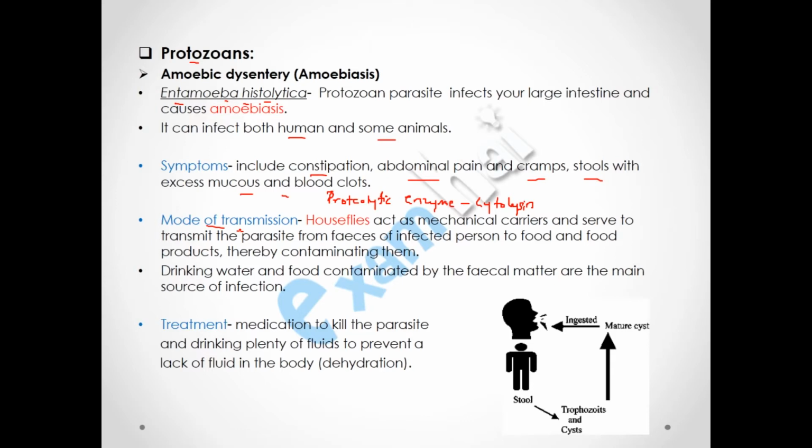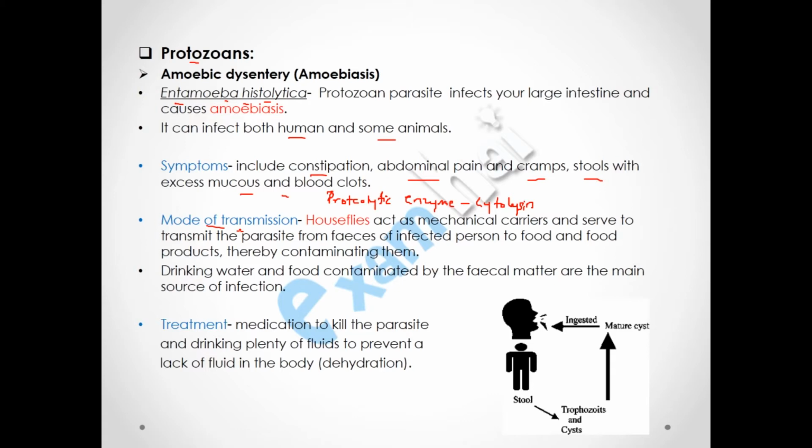Due to feces, these protozoans get mixed in soil and remain there, and from soil they transfer to food or water and reach a healthy person. So drinking water and food contaminated with fecal matter is the main source of this infection.